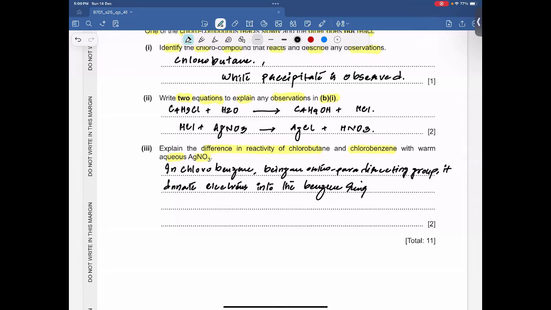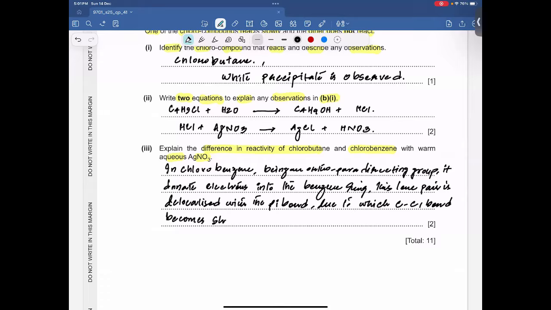If it donates electron into the benzene ring, obviously this lone pair is delocalized with a pi bond, due to which carbon-chlorine bond becomes stronger. Okay. Hence chemically inert.